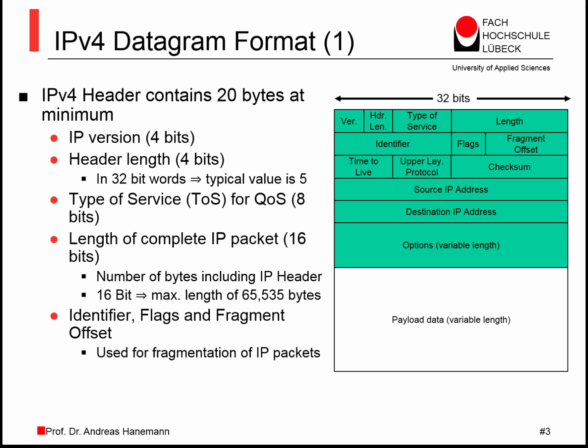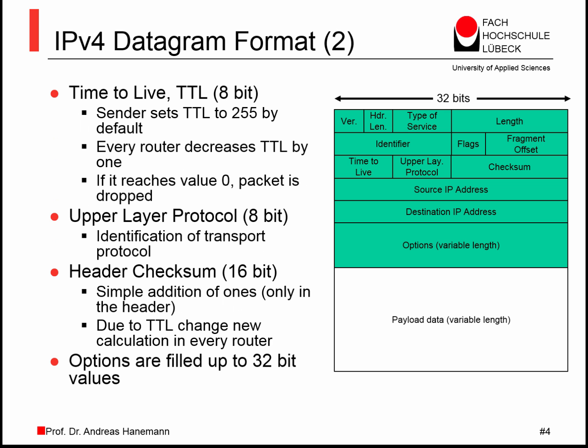It has 16 bits, so that a maximum length of more than 65,000 bytes is possible. It is, however, often not useful to work with long IP packets due to payload size limitations on the data link layer, which would then lead to IP packet fragmentation. The next row contains fields which are needed to control such a fragmentation.